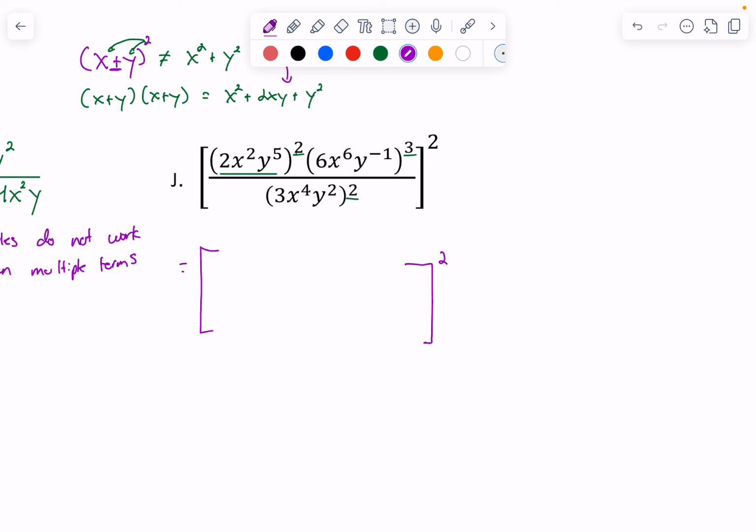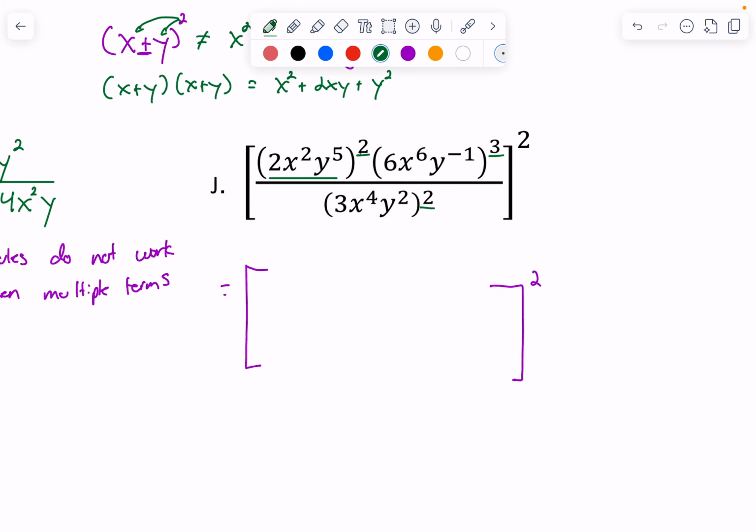So work inside out. Take this 2 and distribute it to everything on the inside. So this first bracket then becomes 4, and then x to the 4, y to the 10, because you've multiplied it by 2. That's being multiplied by 6 to the 3.